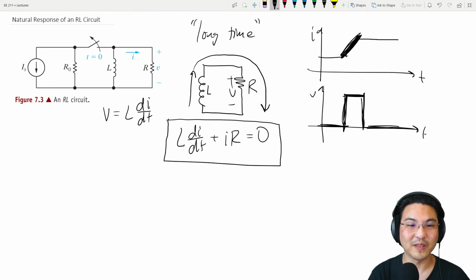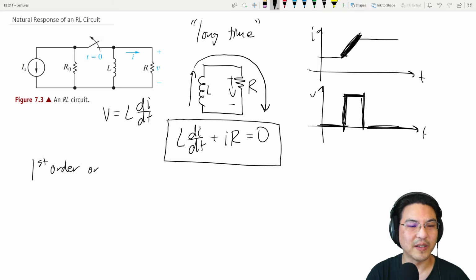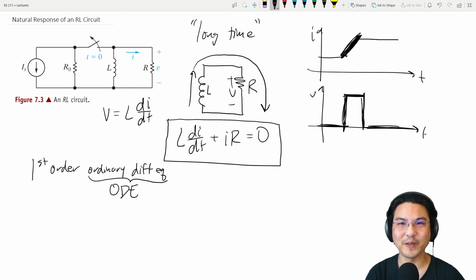This is what's called an ordinary differential equation. And this particular one is first order. Ordinary differential equation, which you wouldn't really say that. You would say ODE.